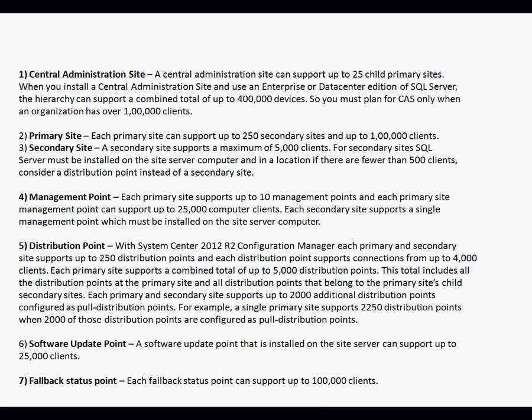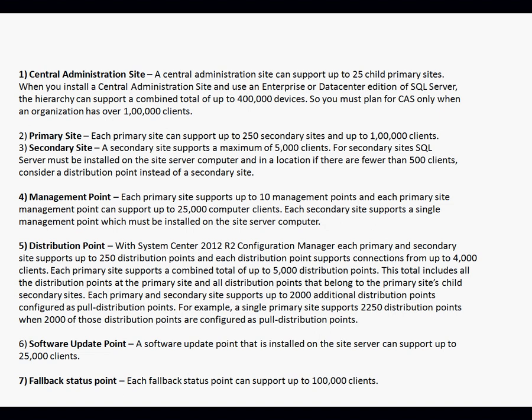And one more question: when we are making this, initially we are making the central administration site, and inside that we are creating primary and secondary, right? First of all, suppose your organization has more than 100,000 devices, then you need to create a central administration site.